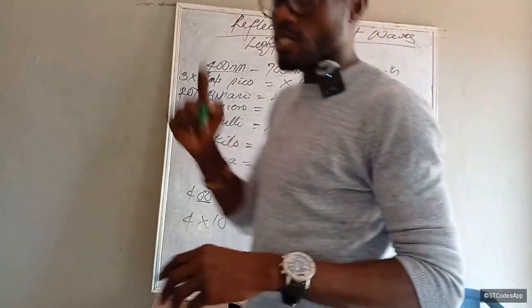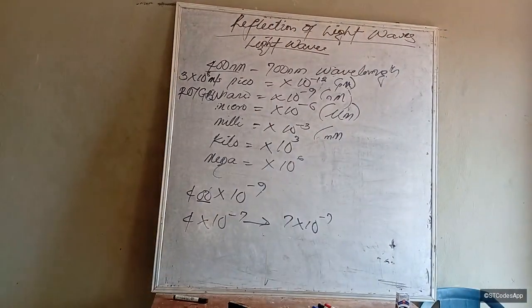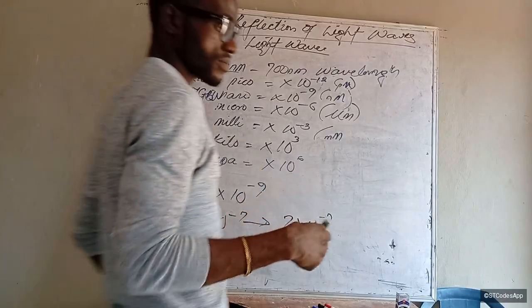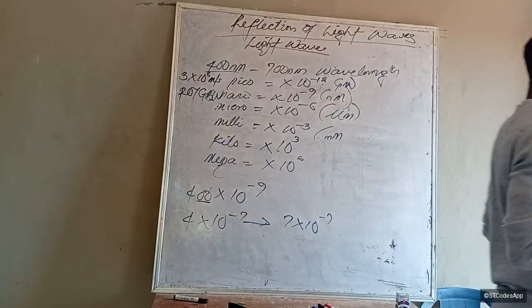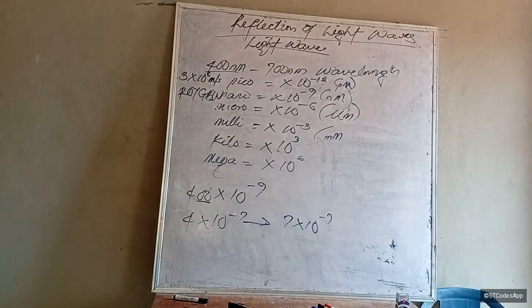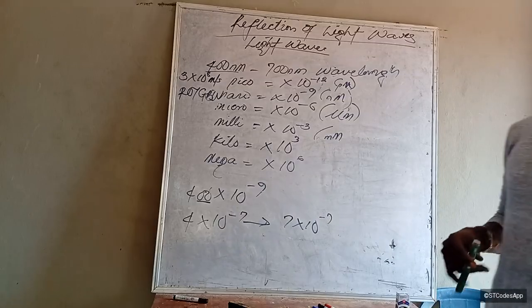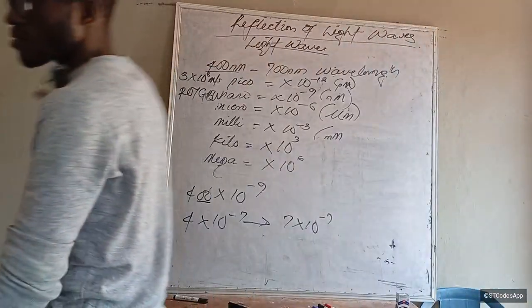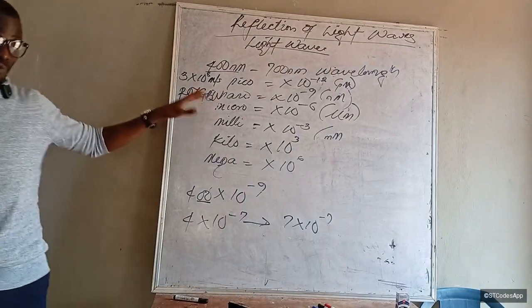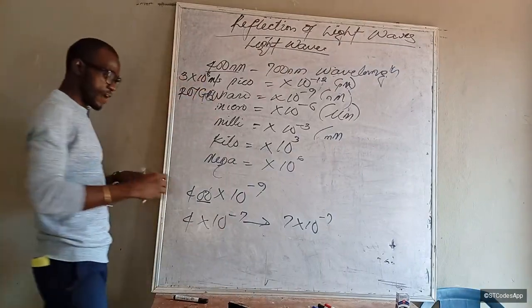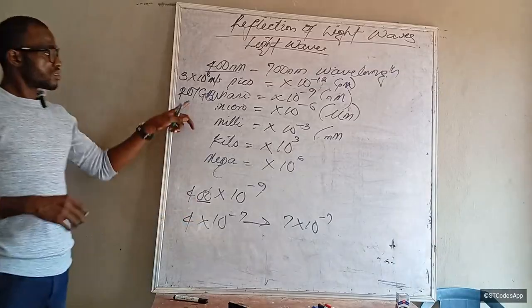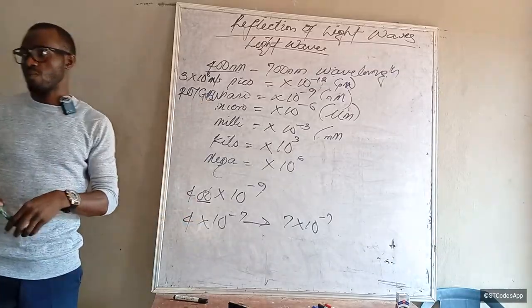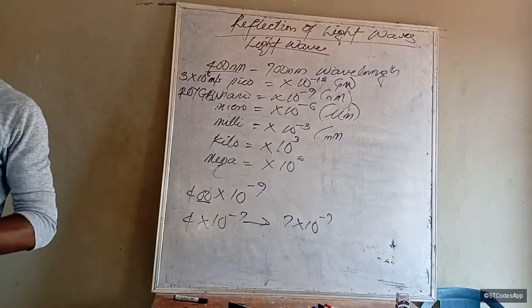Hence, it is polychromatic. So when we are dealing with color spectrum, we deal more with this. Is it correct? White light has a broad spectrum. Hence, it is polychromatic.